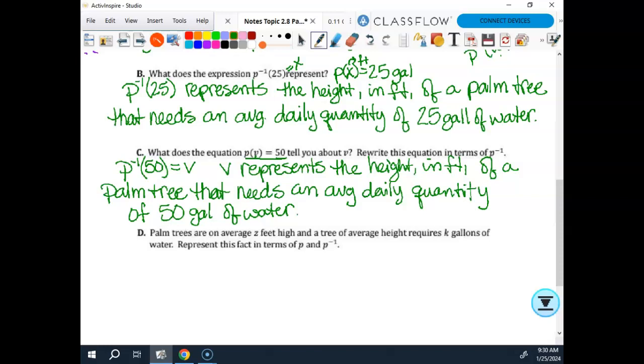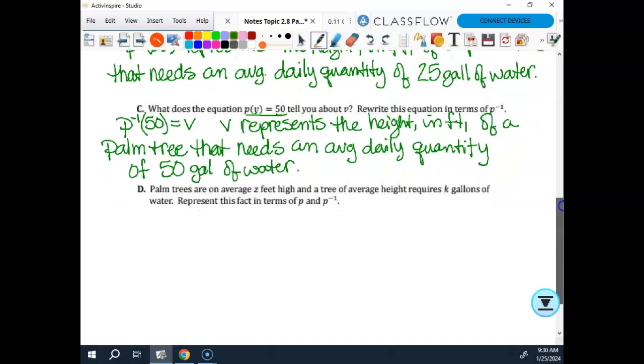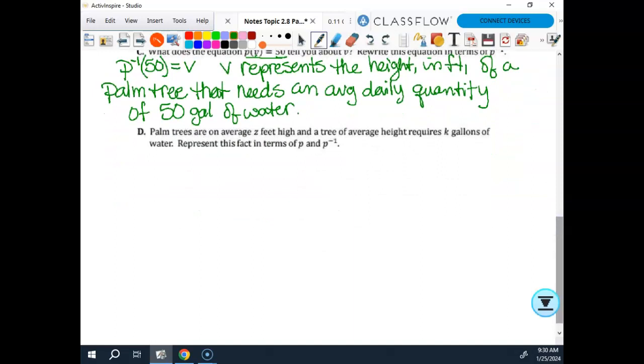Okay, so I said V represents the height in feet of a palm tree that needs an average daily quantity of 50 gallons of water. Do you agree with that? Okay, and if your words didn't land in the exact same spots, as long as you said all the right things, then we're good. Anybody have any questions about their wording or anything else?